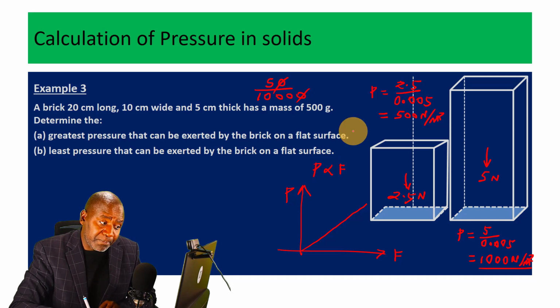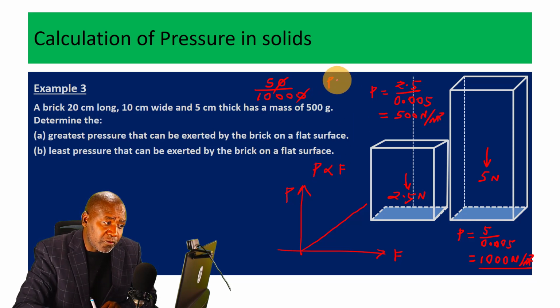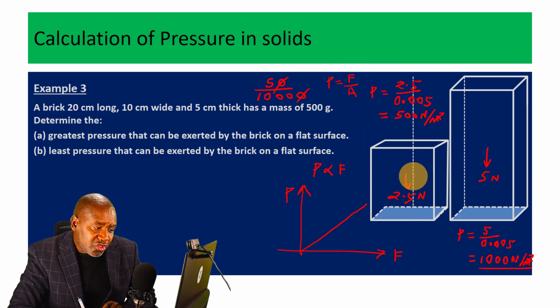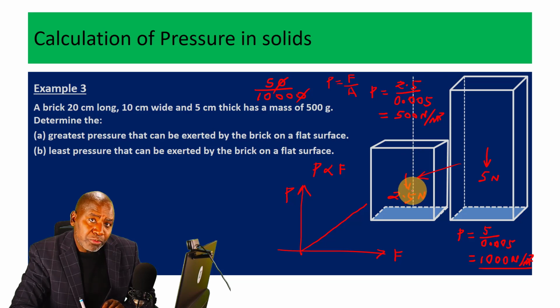In other words, for example here, there are two factors which affect pressure. One of them is force, the other one is area. When we are investigating how force affects pressure, we are supposed to keep the area the same. And notice that here I changed the force. I had to halve the force when I come this way. I made the force to be halved, but I maintained the same area.